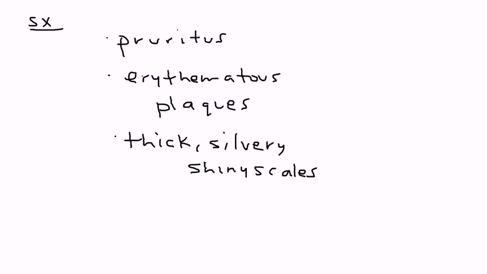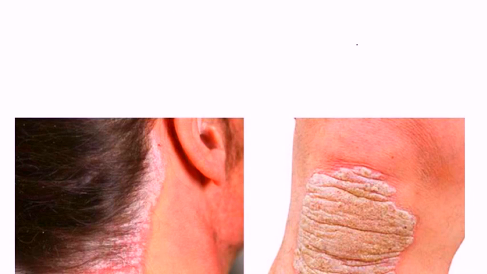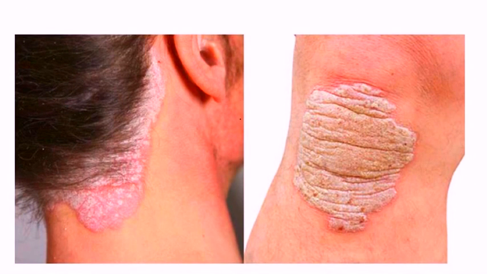And I'd like to show you a couple of them, and here they are. So the first one is of course on the back of a woman's neck, and the second one is on the knee. And you can see that there's redness and erythema, but then there's also those silvery scales that are definitely present.